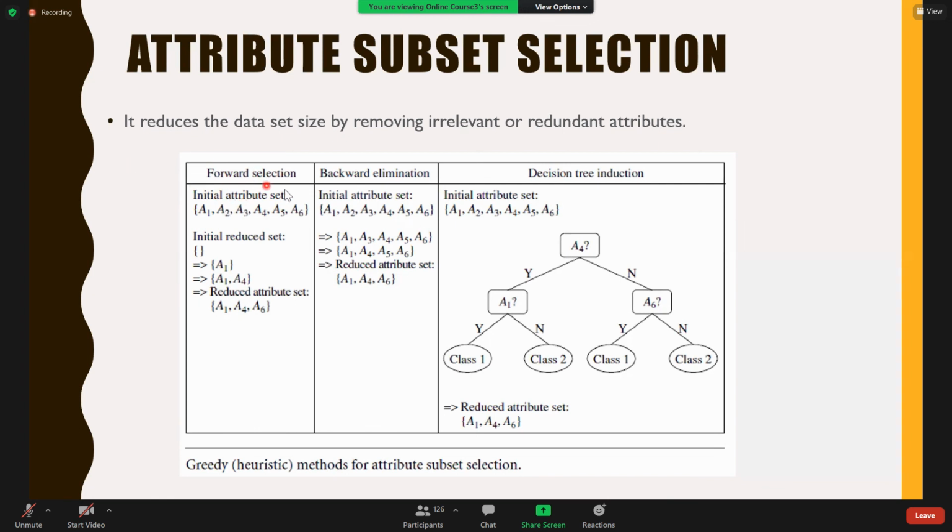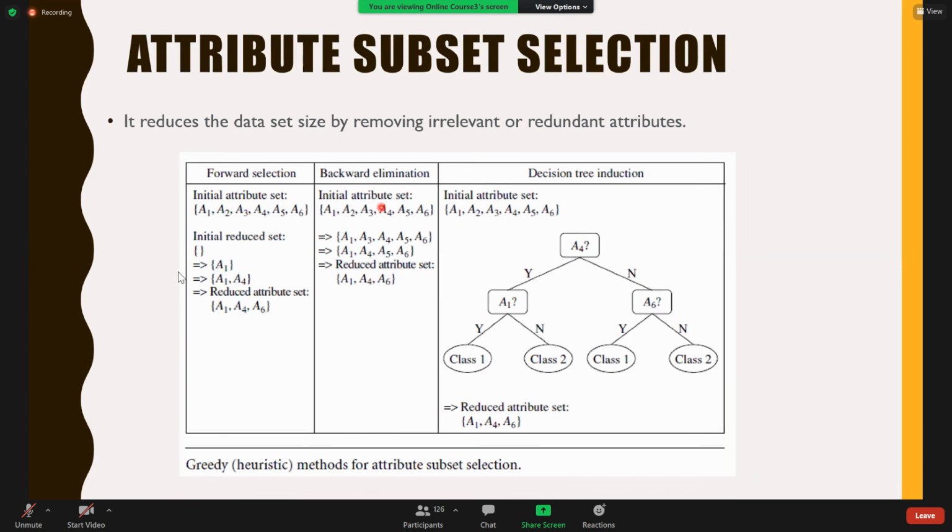So in the case of forward selection, in any of these techniques, the initial input will be the list of all the attributes present. The initial attribute set will be all the attributes, A1 to A6 in our example. The output set must consist of only a reduced set of attributes, meaning only the relevant attributes are selected for the output set.